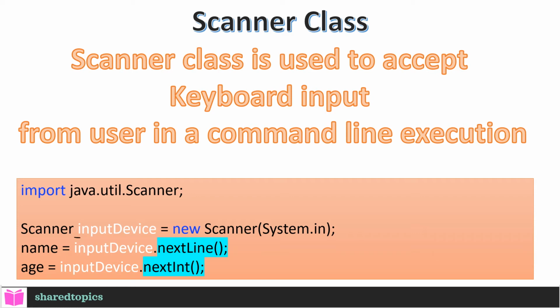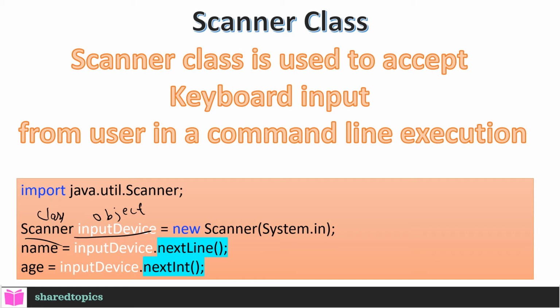This is the input device, the variable name. Okay, this can be anything. This is like declaring a variable. This is the variable, and this is the data type now, which is the class. This is the class, this is the object. You got a new object of that class. Okay, and that object you can use later to get the input from the user.